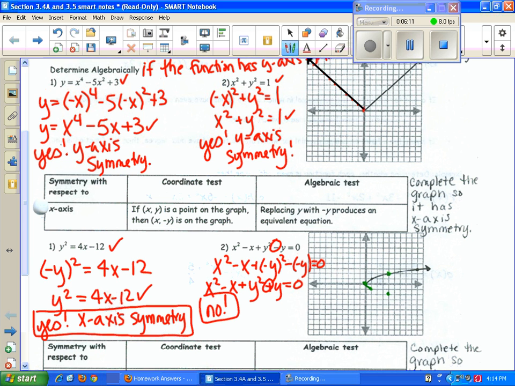And then I would draw my line. It looks like I did that a little bit off there. I should have moved it down a little bit further to here. There we go. And this means that if I were to fold my graph along the x-axis, my graph from the top part would match up with my graph on the bottom part. And that would mean that we would have x-axis symmetry.